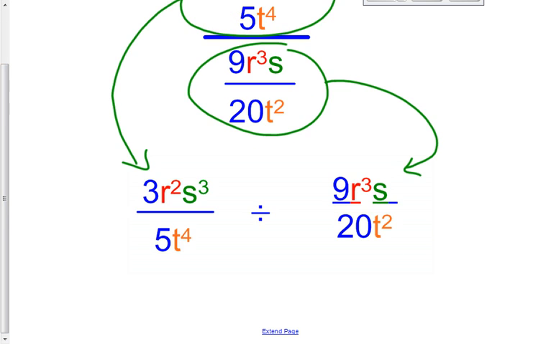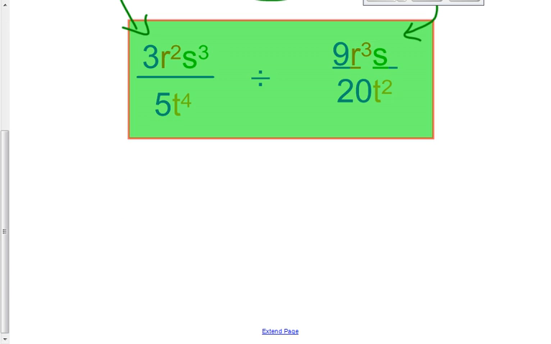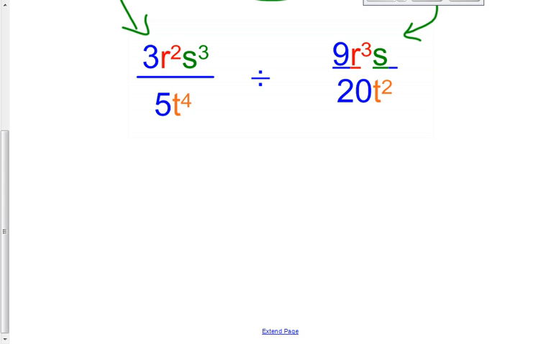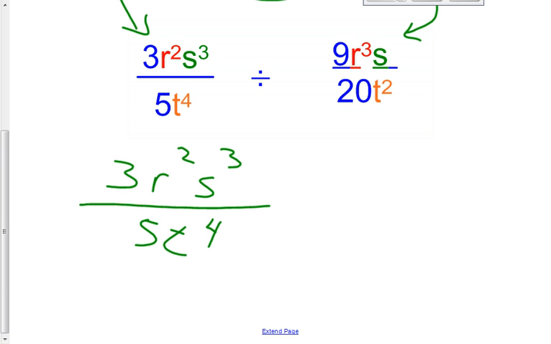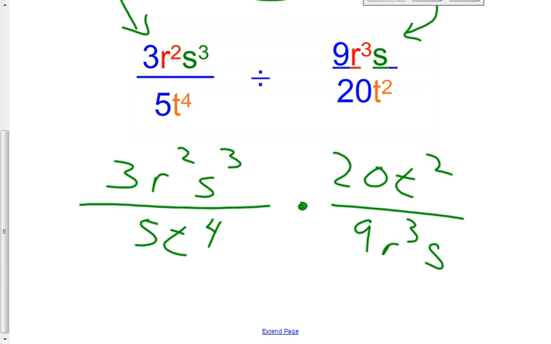Now that we have that, it's the same thing as multiplying by the reciprocal. So write down 3r squared s cubed again, divided by 5t to the 4th, multiplied by the 20t squared goes in the numerator, and the 9r cubed s goes in the denominator.